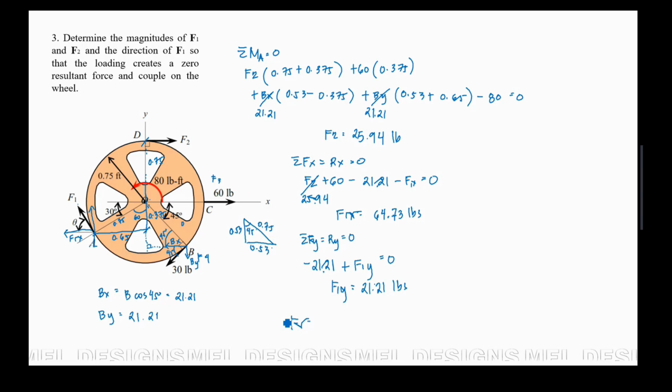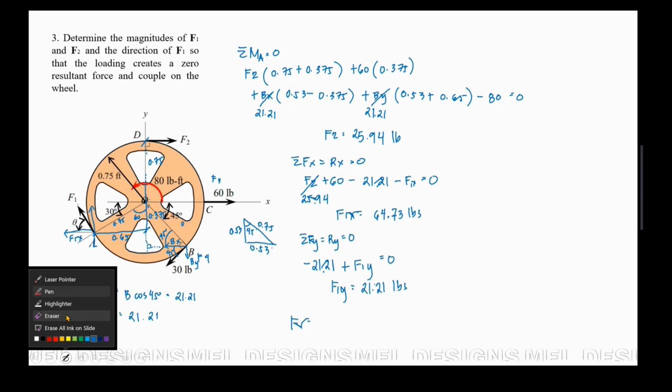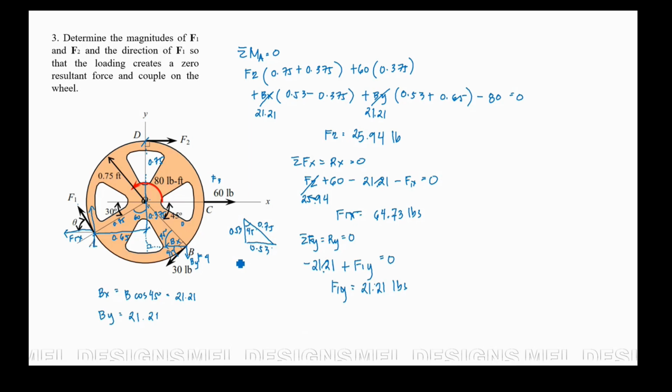Therefore, F1 is just equal to the square root of the x component squared plus the y component squared. So F1 is equal to the square root of F1x squared plus F1y squared. So that is equal to 68.113 pounds.